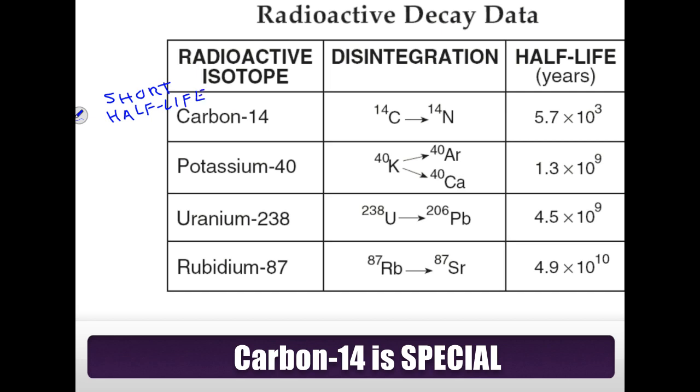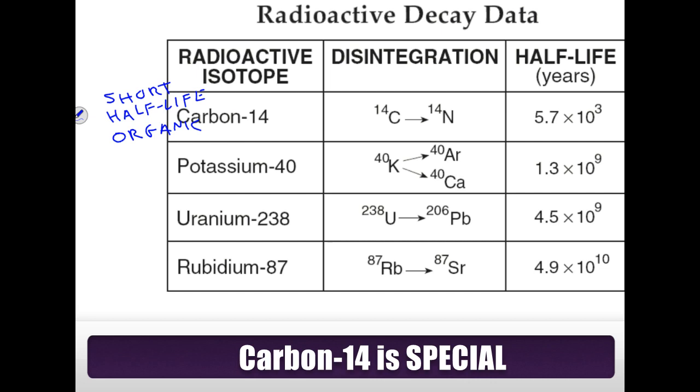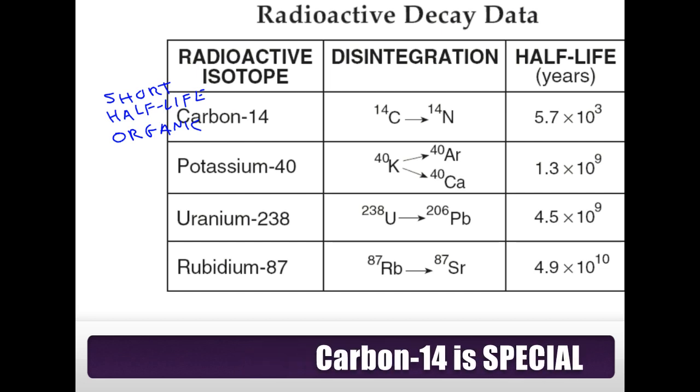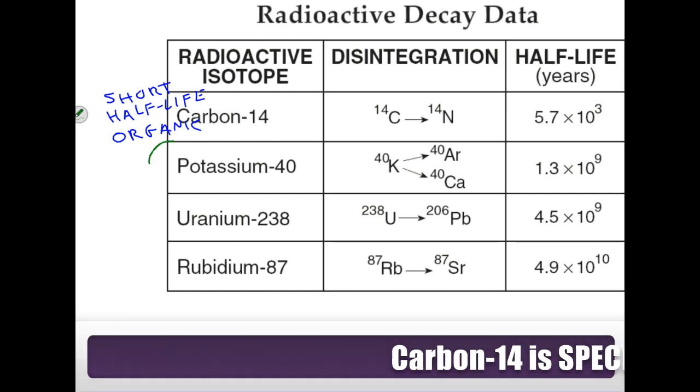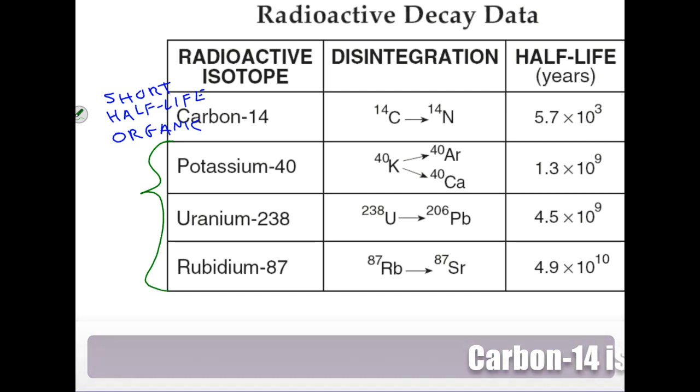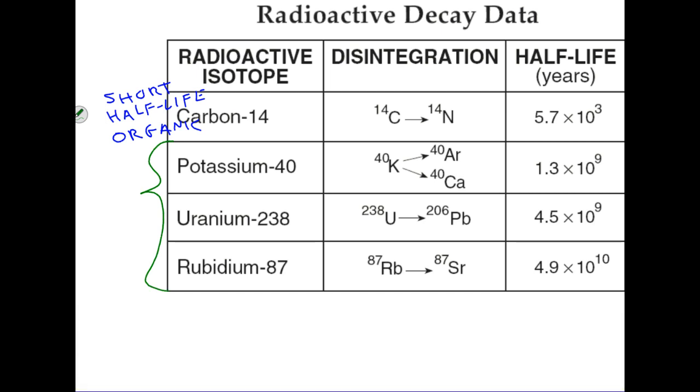Carbon-14 is not only special because of its short half-life, it's also special because it's the only one that's found in organic material. Potassium-40, uranium-238, rubidium-87, those are used generally to find the age of very old rocks.